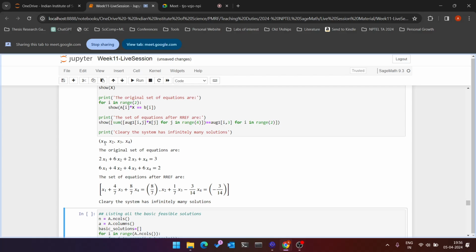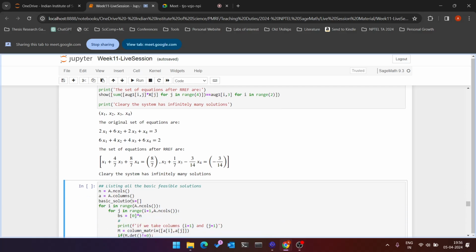So x1, x2, x3, x4 is my vector. The original set of equations is this, and the set of equations after row reduced echelon form looks like this. So clearly we have four variables, four unknowns, but only two equations, making this a system having infinitely many solutions.